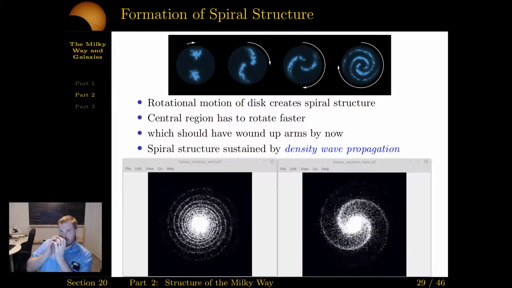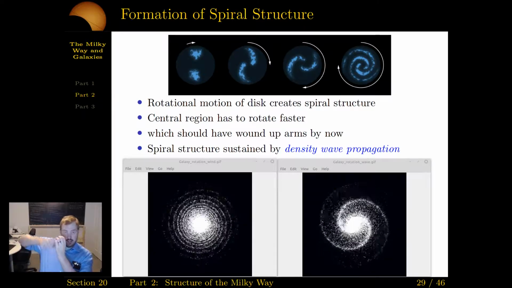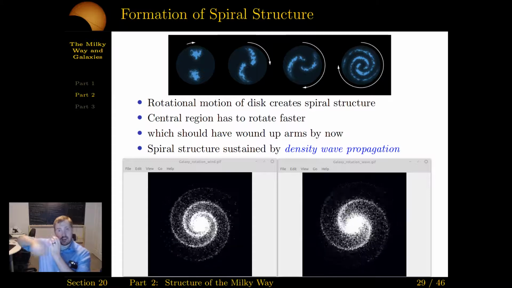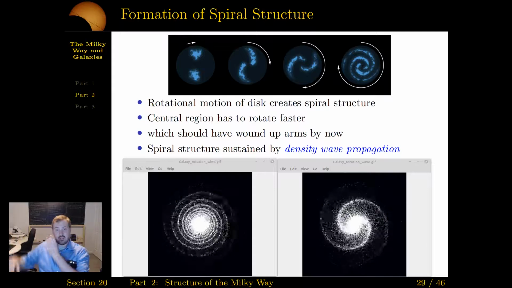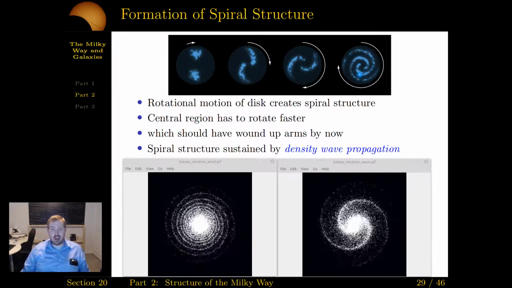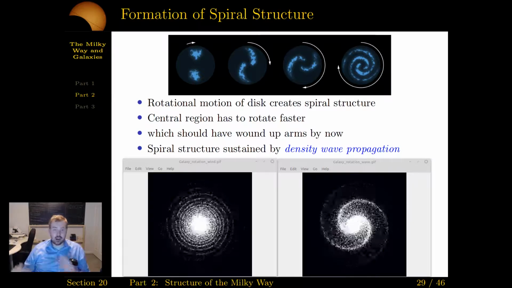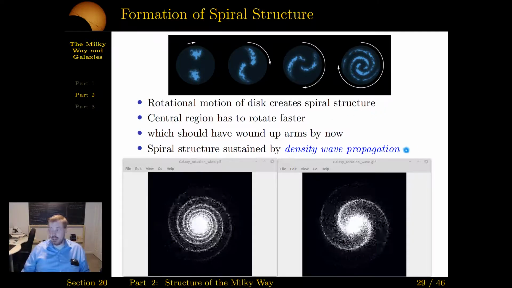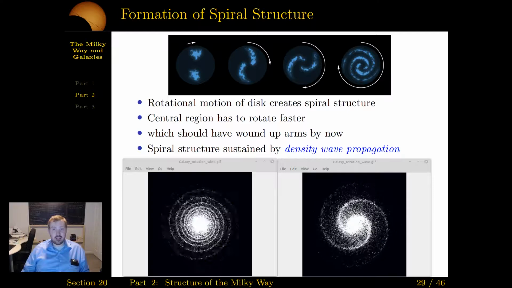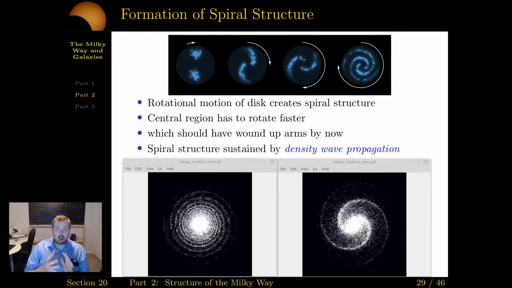You could whisper something in the cup, and because of the higher density of the string, it's able to transmit your signal across to the other side. Well, the higher density of stars creates this way for this wave to propagate across the entire galaxy and maintain the structure of the arms.